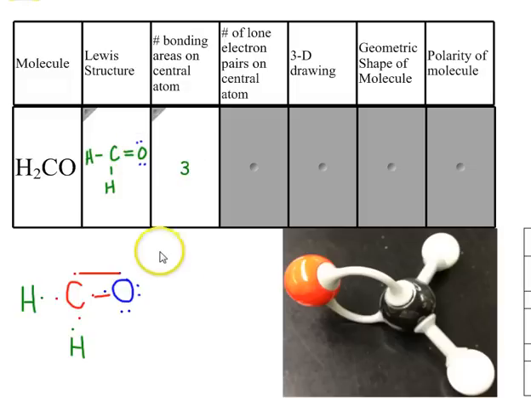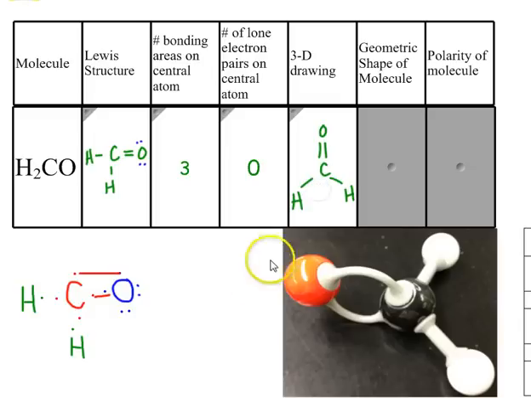So bonding areas are irrespective of whether it's a double or a triple bond. The double or the triple bond is considered to be one bonding area. Now, continuing to look at the central atom of carbon, you'll notice that there are no lone electron pairs around that carbon.